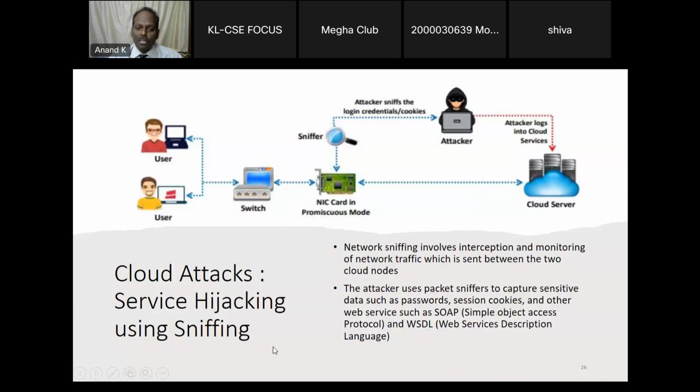This is also called sniffing. I'm fast forwarding this one, the same one which we saw. Sniffing is basically using some kind of tools like Wireshark, etc. You will capture all the traffic, and then you will be reassembling all the data. So this is called sniffing: the attacker keeps track of all the data going from the user to the cloud server.